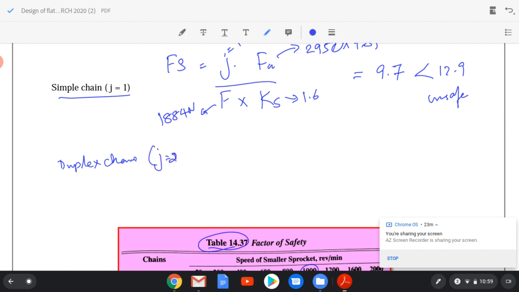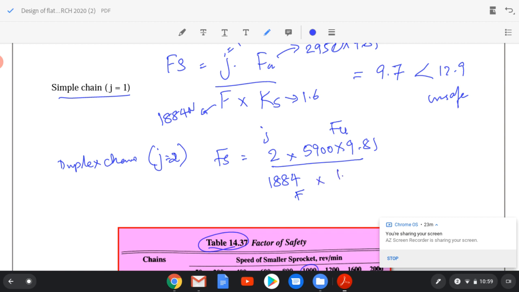J equal to 2, my factor safety will be equal to, I will just write the values. 2, the value of J, into Fu, which is the breaking load, equal to 5900 into 9.81, divided by F and Ks, which remain the same, F into Ks, 1884 into 1.6. I will get that value 19.87.